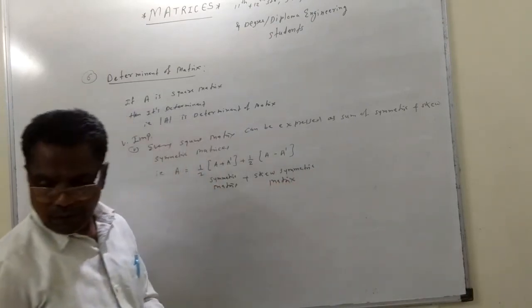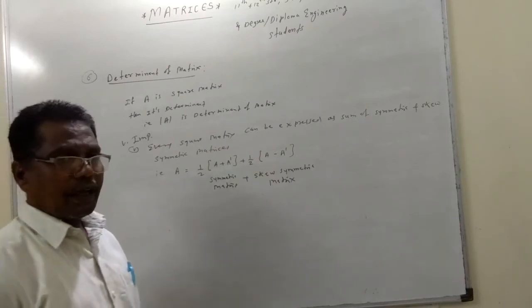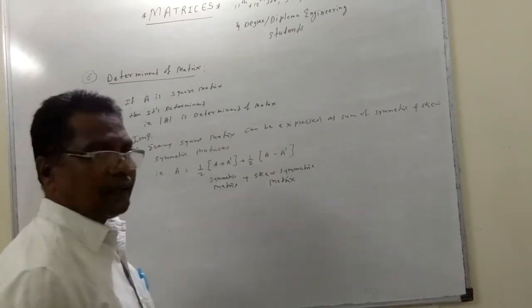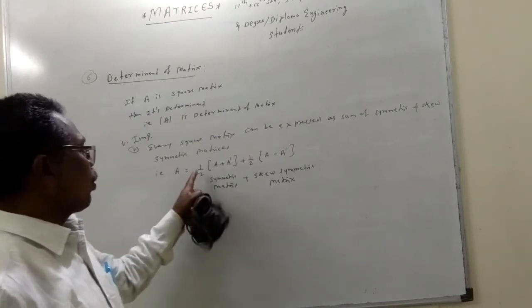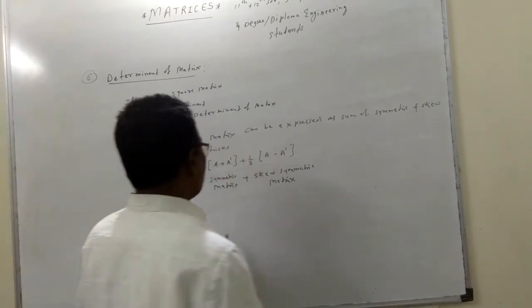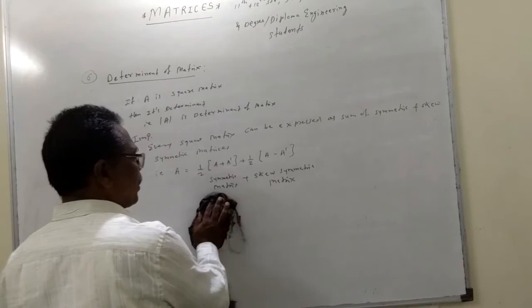They give in an example any square matrix and ask to express the matrix as the sum of symmetric and skew symmetric matrices. In that case, keep this formula in mind, that is important. But the next operations are very simple.